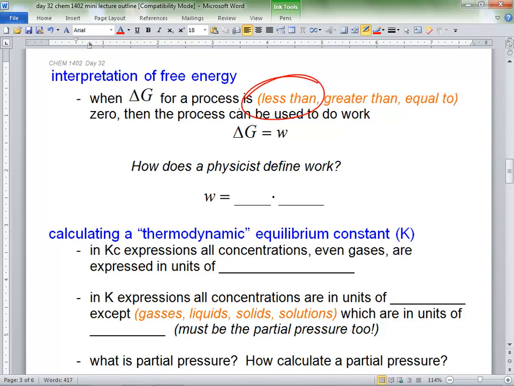Oh, I mentioned this last time. I was ahead of myself. Remember I was pushing on the chalkboard or something like that? Trying to move the wall. A physicist defines work as what times what?